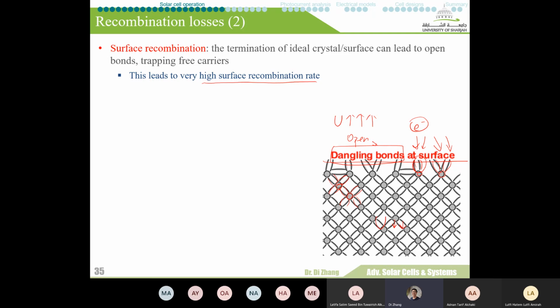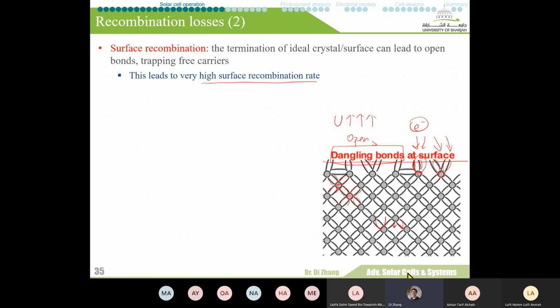So typically the surface is an additional consideration you have to include in your design. You have to see how you can reduce or minimize the surface recombination so that you can have a much better solar cell.